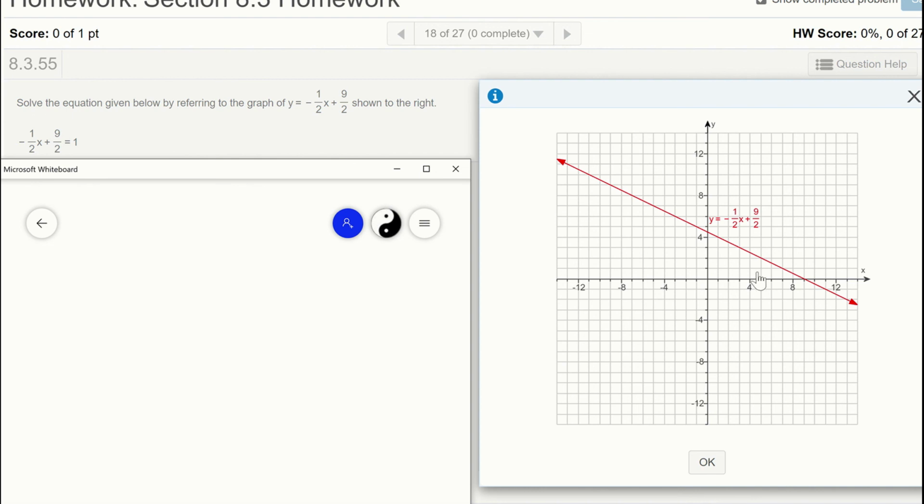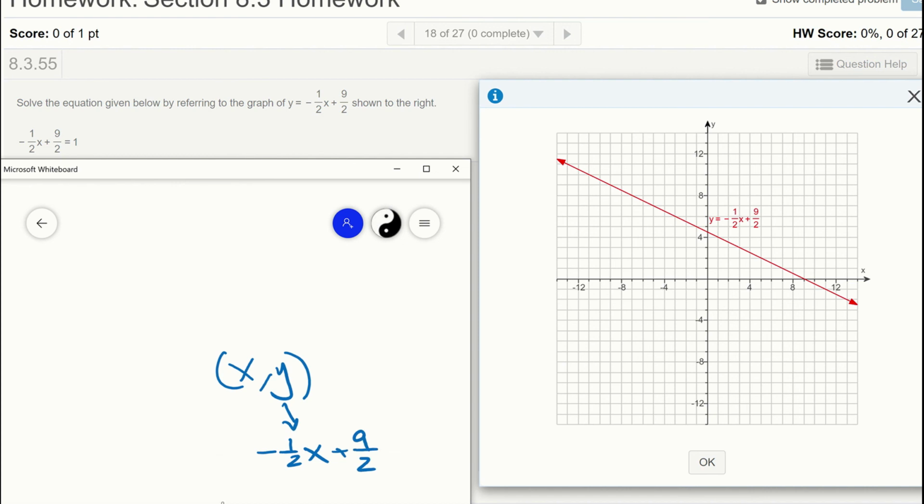And notice each point on this line is going to have the form xy, right? So the x value, of course, is the input. The y value will, in fact, have this form, -1/2 x plus 9/2, right?